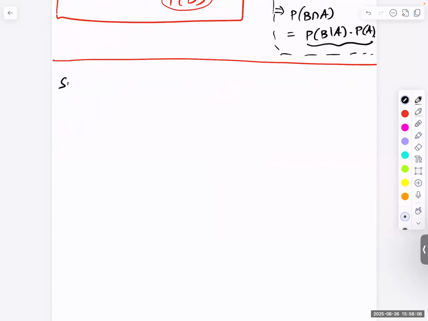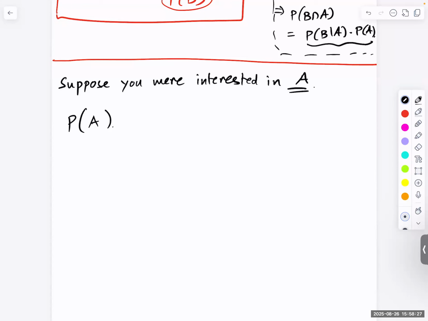Suppose you are interested in some event A, in analyzing A, and you were able to find the probability of A. Oftentimes in literature and statistics, you will see this object referred to as the a priori probability.